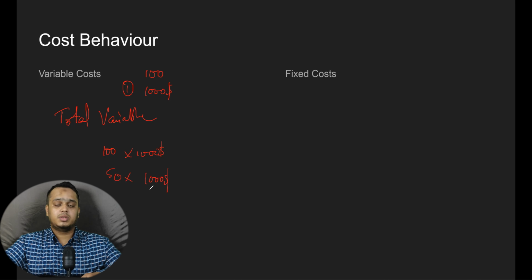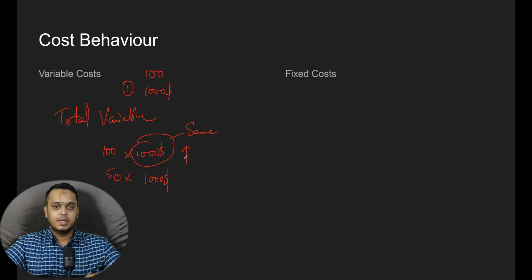So what's happening here is the variable cost per unit is remaining the same, whereas the total cost is changing. It is increasing as the units are increasing and decreasing as the units are decreasing. What's not changing is the per unit cost, which is variable.